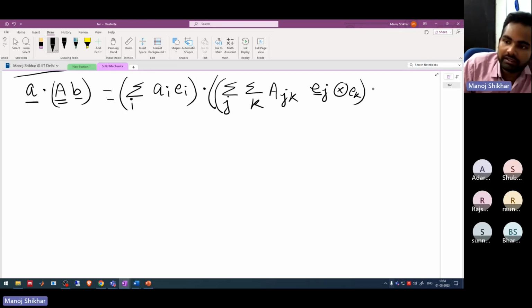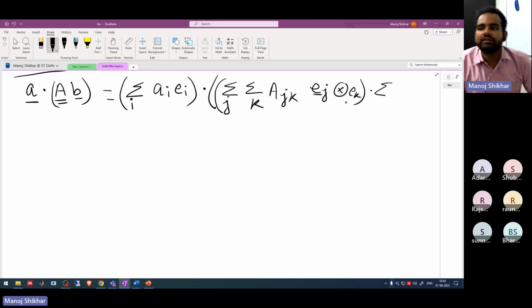And we have to multiply it with this vector B. I'm going slow in this class because this index notation may be new for you. For me it was new when I was reading solid mechanics in my third year. So that's why I'm going slow.